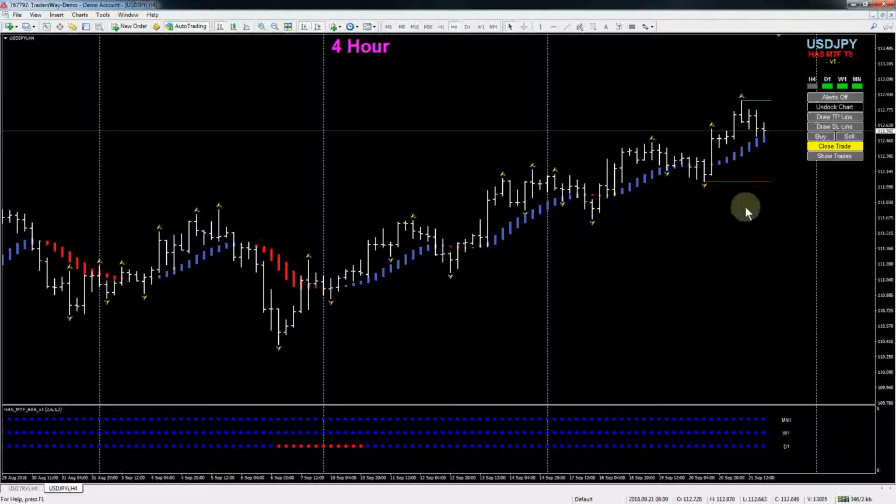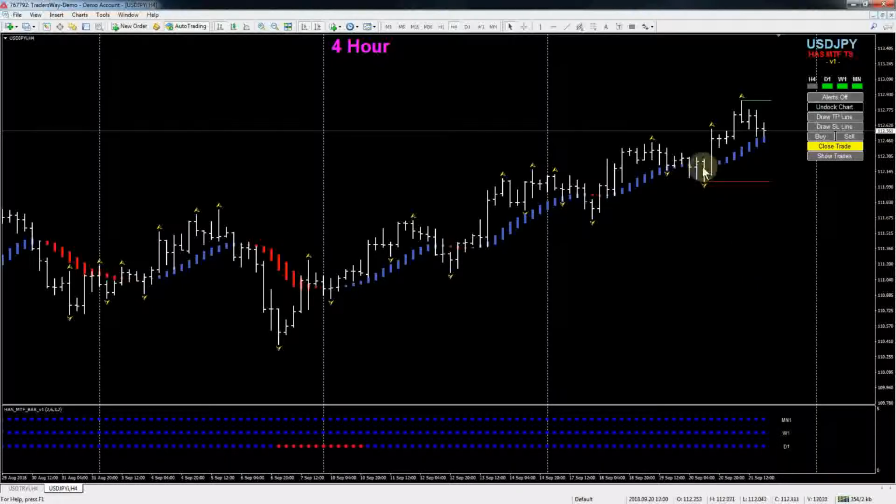Okay, now you can see here the hash with that particular setting is showing us long on the daily, the weekly, and the monthly. And you remember back in the settings we had them all set to true, so it requires all these to be blue. And in our case, we were using the cross.